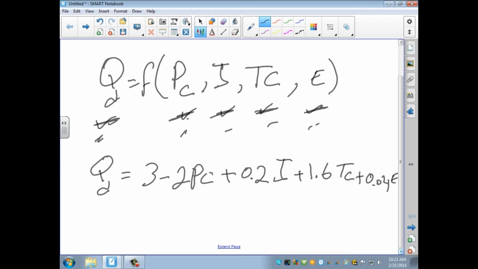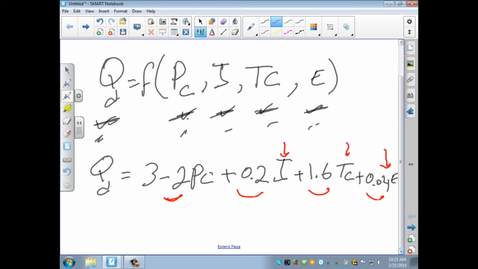Now, these coefficients, which are calculated by the statistical package, in this case minus 2 for price of copper, 0.2 with the plus sign for income, 1.6 for telecommunication industry, and 0.04 for expectation, show the strength of the relationship between each one of these independent variables and the quantity demanded.